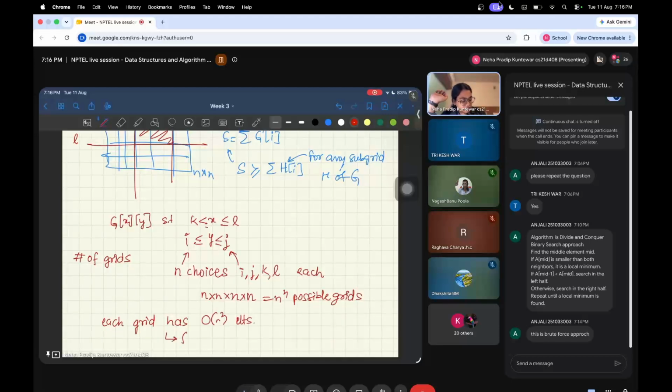So finding the sum of subgrid H will take, let's say, order n square time. So there are n to the 4 possible grids, and every subgrid is going to take order n square time to find the sum. So altogether, how much time is this?